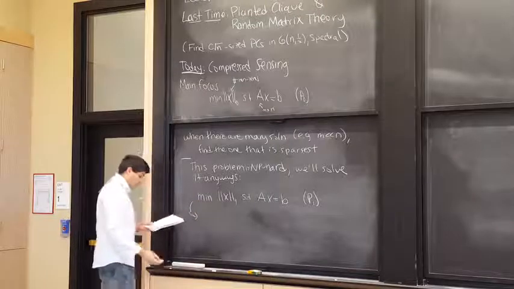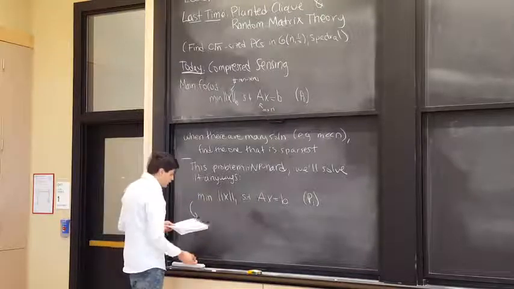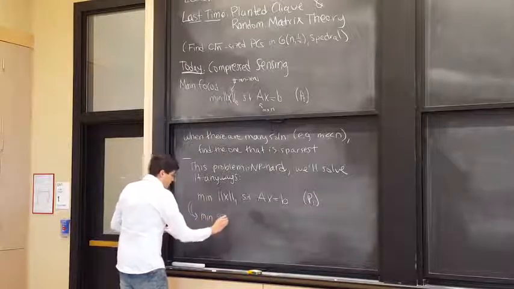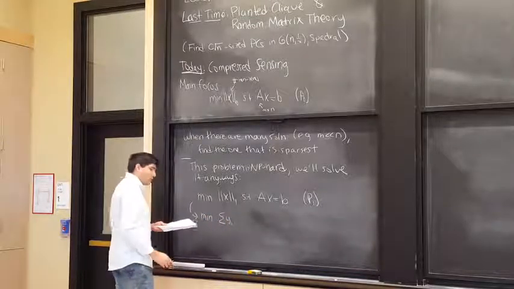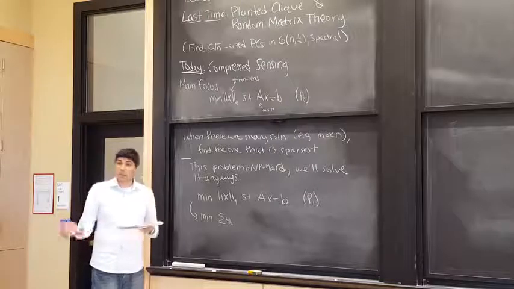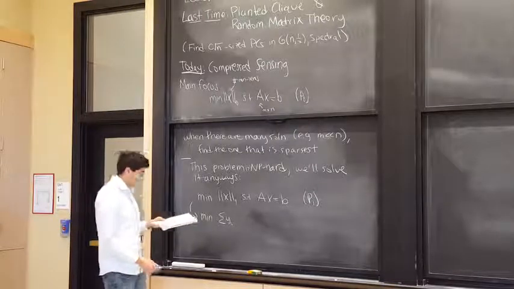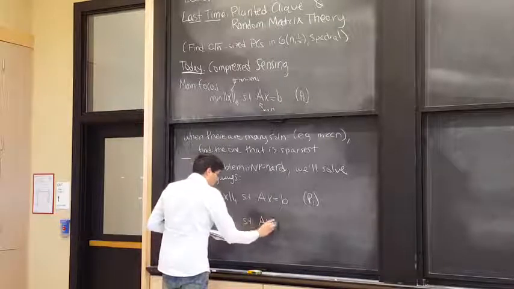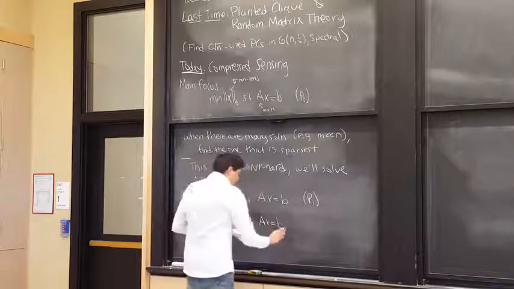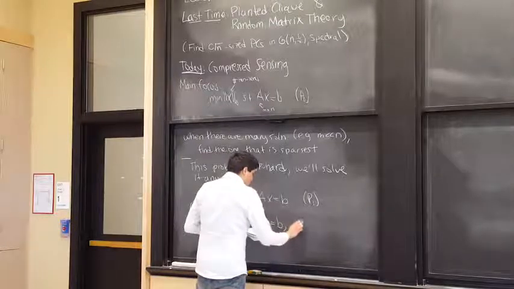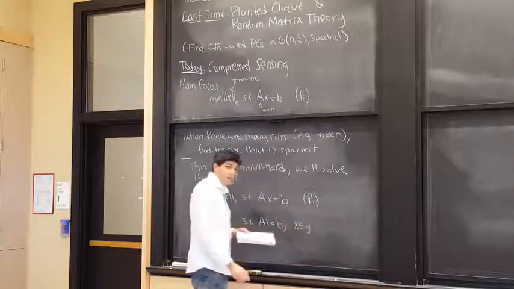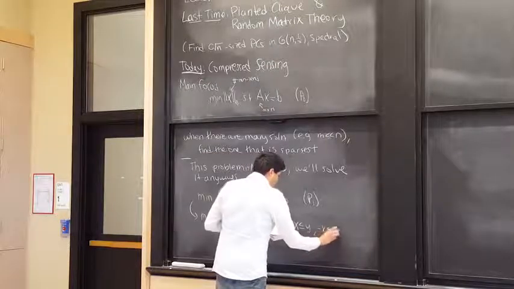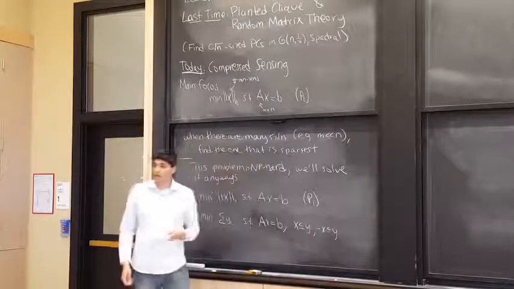So what I claim is that this convex program is completely equivalent to minimizing the sum of the yi's, where we think of these yi's as being a proxy for the absolute values of the entries in X. So we're going to enforce that AX equals B, as usual. But now we're going to add in the constraints that X is component-wise bounded by Y, and that minus X is component-wise bounded by Y as well.